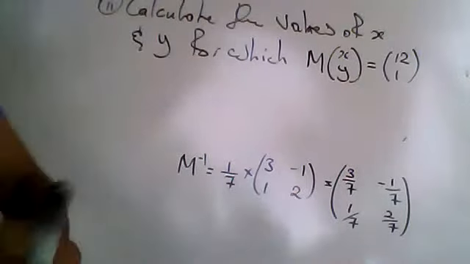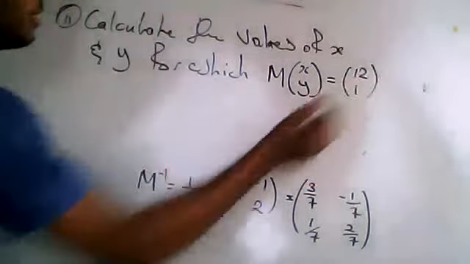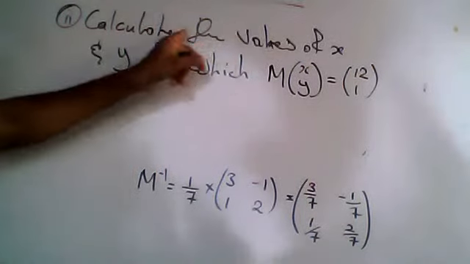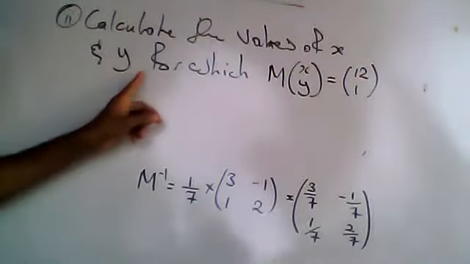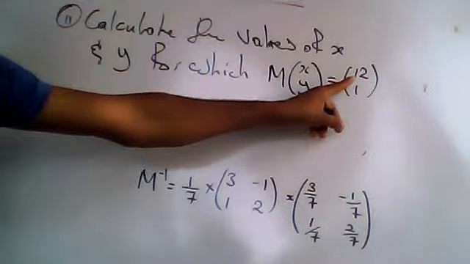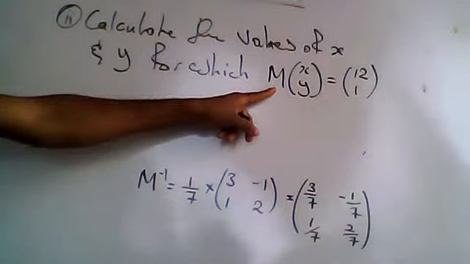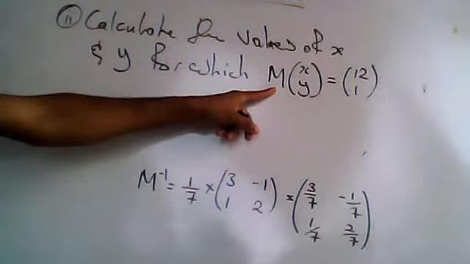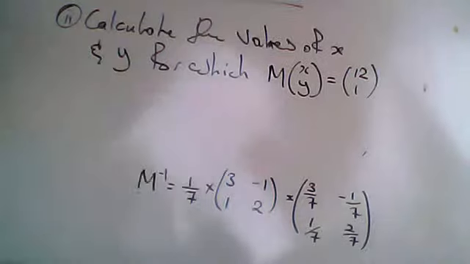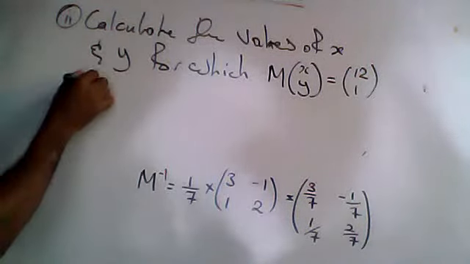Everyone is seeing the question, right? So this is the second part of the question. Calculate the values of x and y for which M times (x, y) is equal to (12, 1). Now M, remember that M represents what? M represents the 2 by 2 matrix.